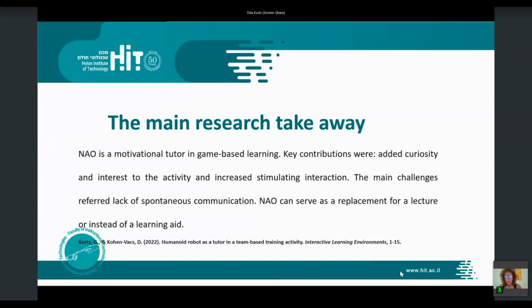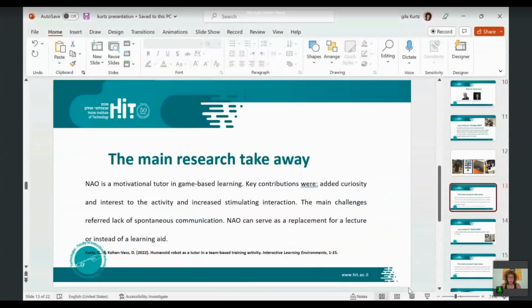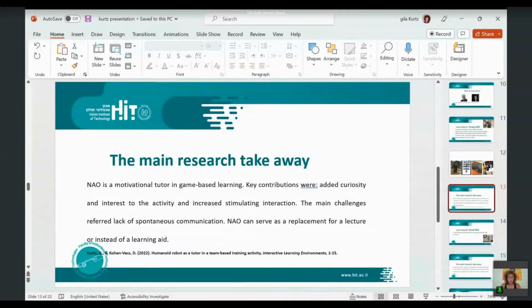I will happily share the paper with you, but this was 3 years ago that we saw that, yes, the humanoid robot can serve as a lecturer and as an instructor. So I'll just see, do you have any questions for me before I go to the next project? Is it okay? Are you okay?